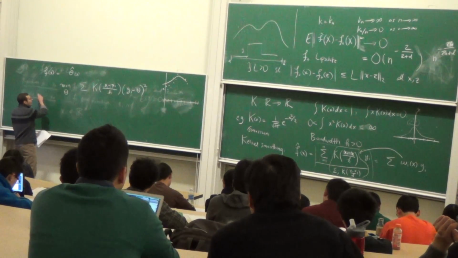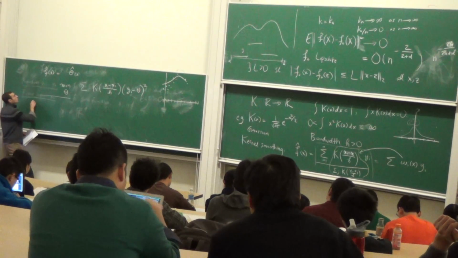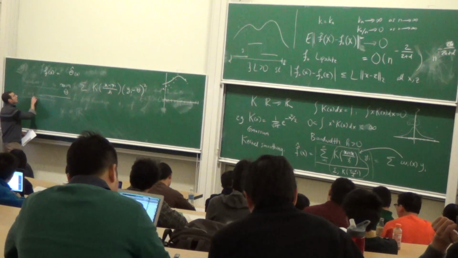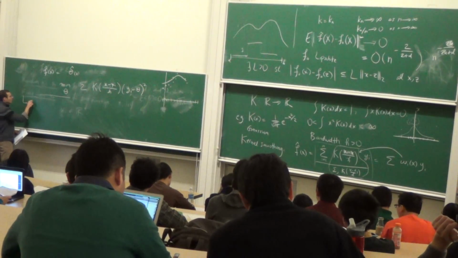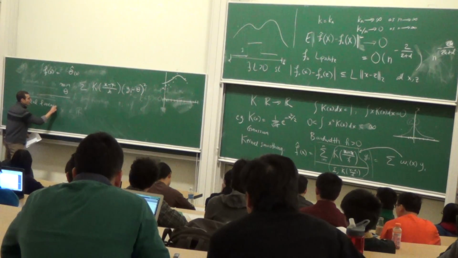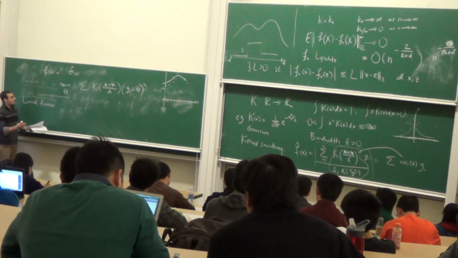So when I write it like this, you may ask yourself, well, why don't I make my estimator even more adaptive, even more flexible? I'll use the local linear fit. It's still a kernel method, so I'm going to use this kernel.